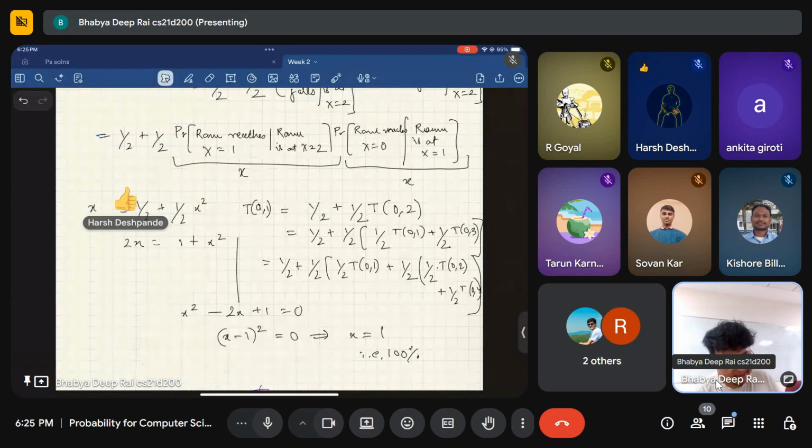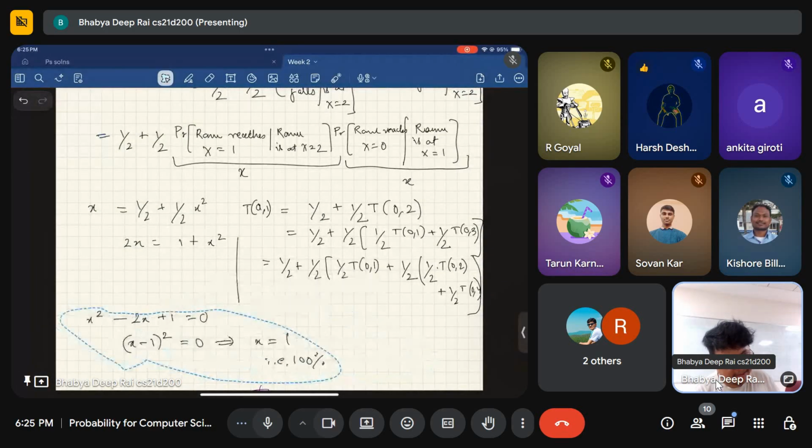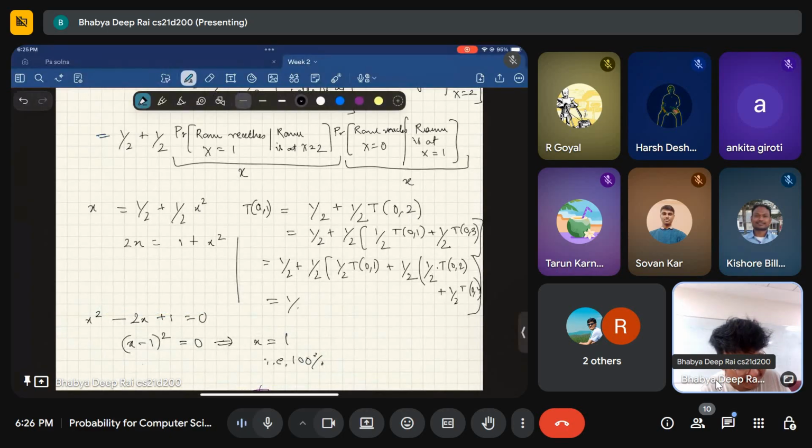But the final sequence will be something like half plus half squared. There's this additional factor of t of 0 comma 1 that will be causing an issue.